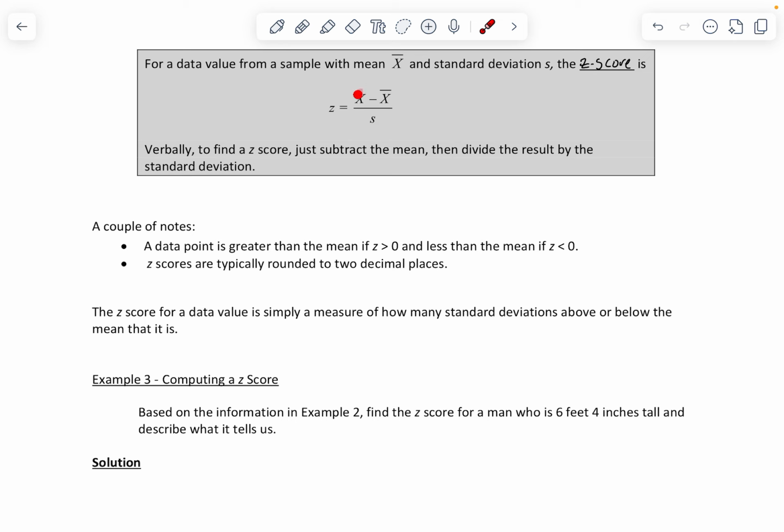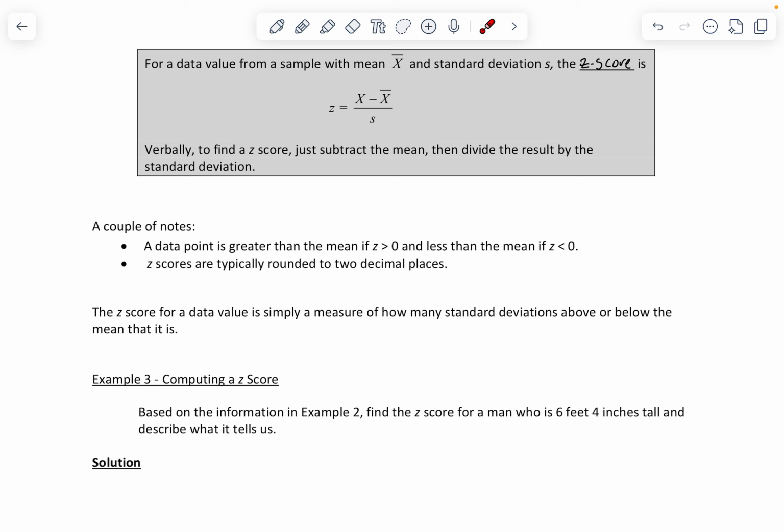When I take the data value and subtract the mean, I'm finding the distance between that data value and the mean. And when I divide that distance by the standard deviation, I am then expressing this distance in terms of numbers of standard deviations, right? So it tells me how many standard deviations away from the mean a data value falls.